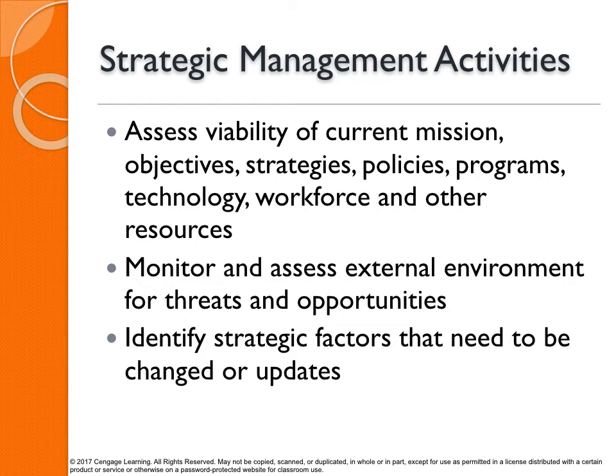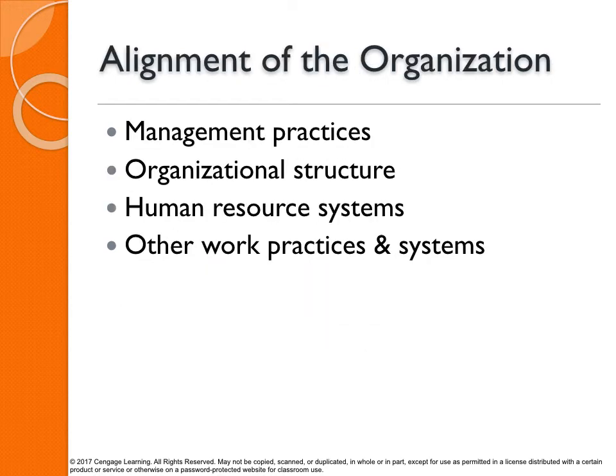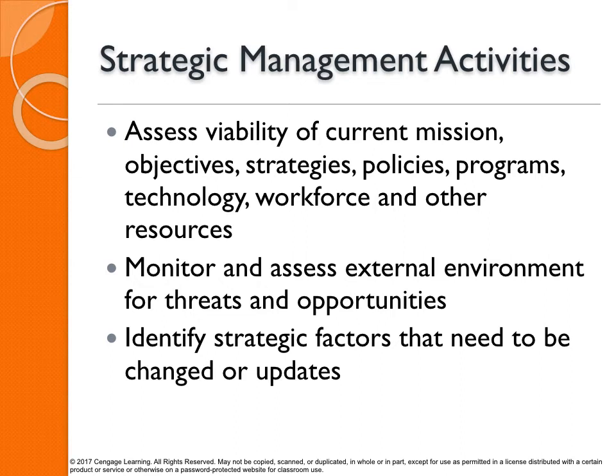Now, I mentioned earlier the connection between HR and strategic management, but we must assess viability of current missions, objectives, strategies, etc., monitor and assess the external environment for threats and opportunities, and identify strategic factors that need to be changed. Okay, so that's strategic management in a nutshell. So the challenge then is the alignment of the organization with the strategy, right? So for example, we might say the field has changed.